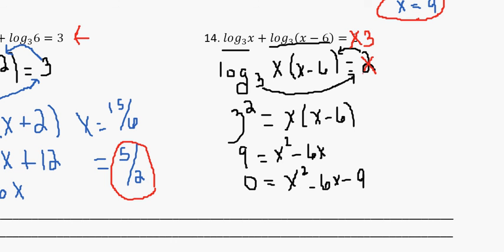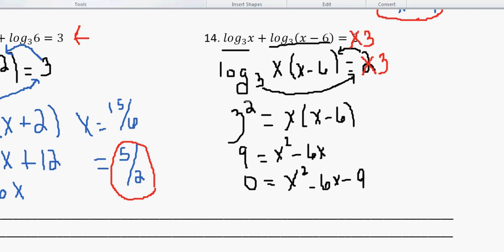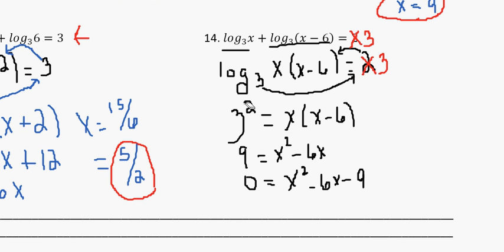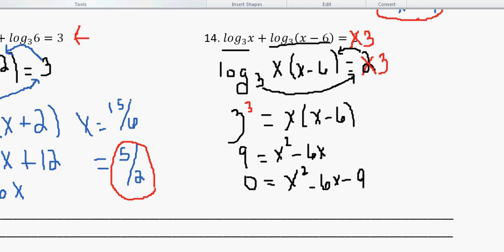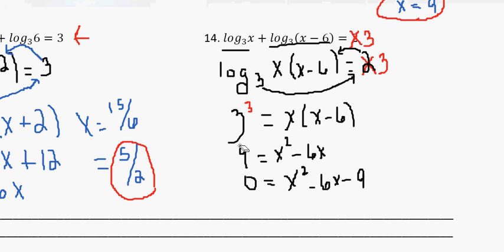And then this should have been a 3, which makes this 3 to the 3rd power. So let's go ahead and do a little erasing here. Three to the 3rd, which makes this 27.